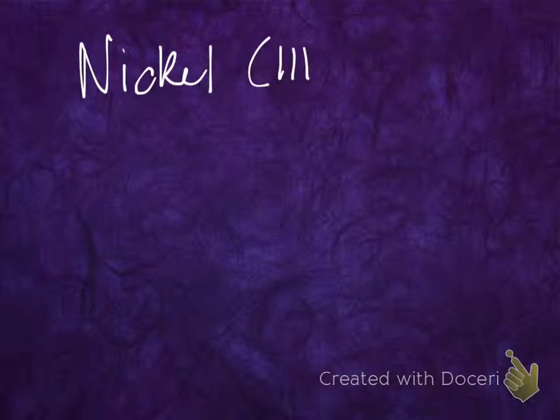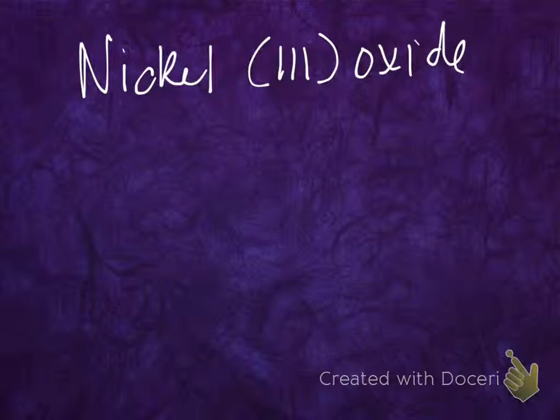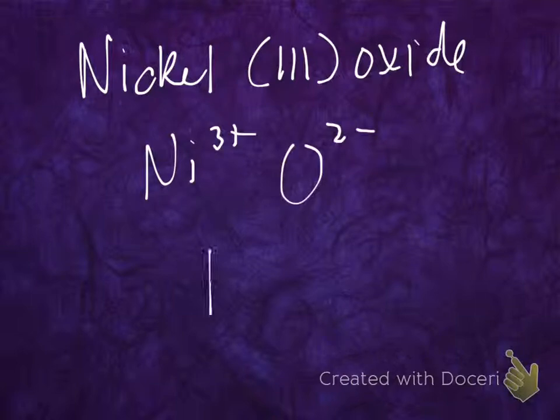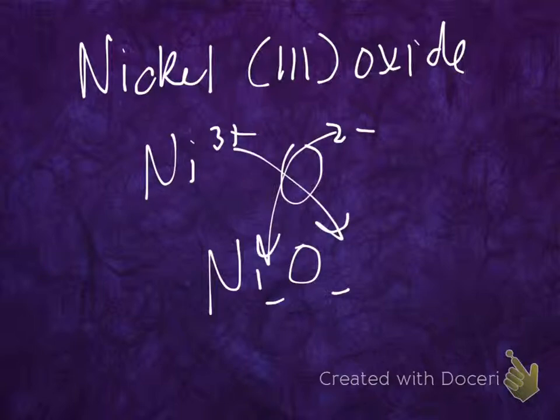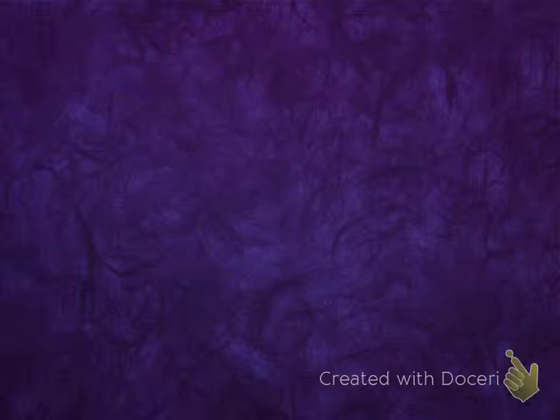Nickel 3 oxide. What's the formula? First thing we do, write our ions. Nickel 3 plus, oxygen 2 minus, crisscross. This is one of those ones that I like, the 2 3s. So Ni2O3 is nickel 3 oxide. And lead 2 sulfide.